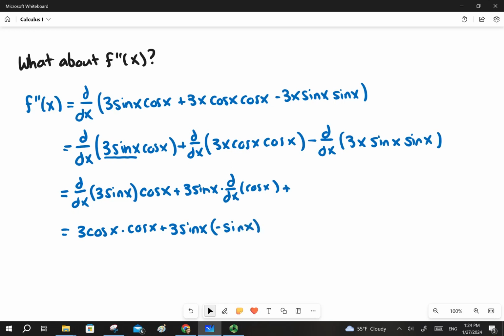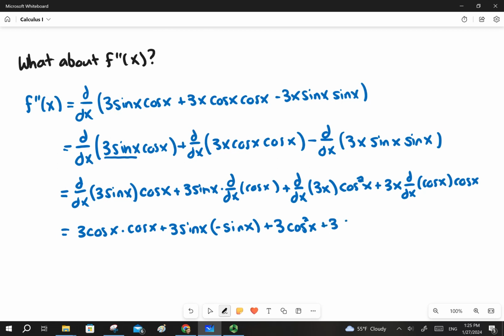Then for my second term, I have 3 different functions, so I'm going to use the extended product rule here and start by taking the derivative of just the 3x and leave the cosine x times cosine x, which I'll now write as cosine squared just to save myself some space. The derivative of 3x is 3. Then for my next term, I leave the 3x and I take the derivative of one of the cosine x's and leave the other cosine x alone.